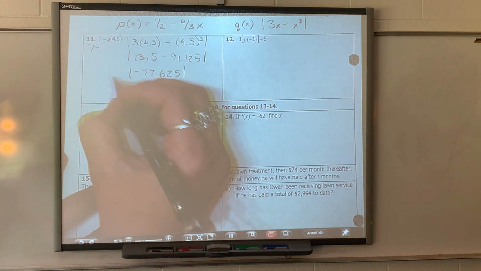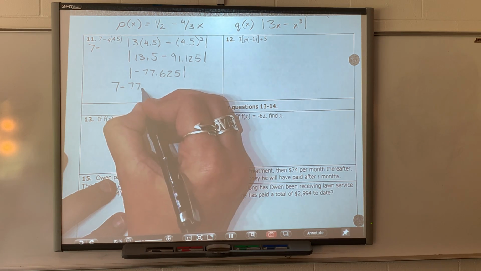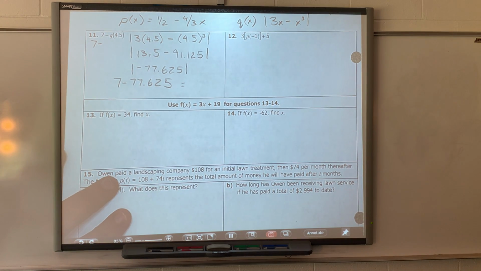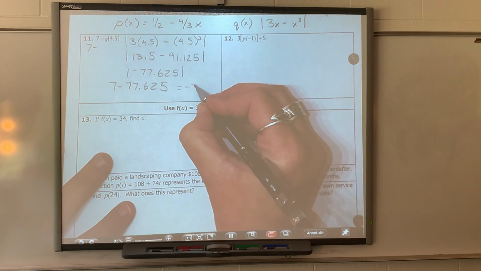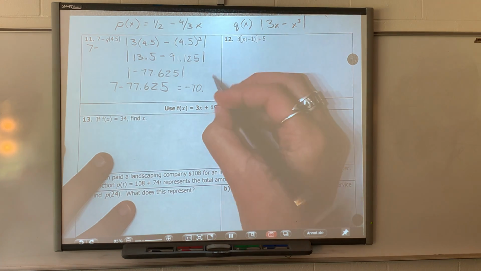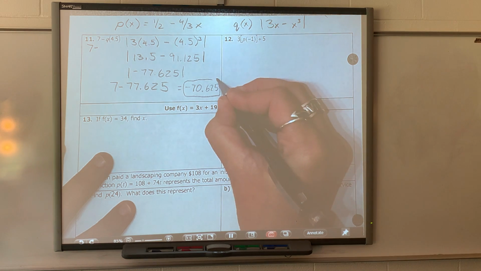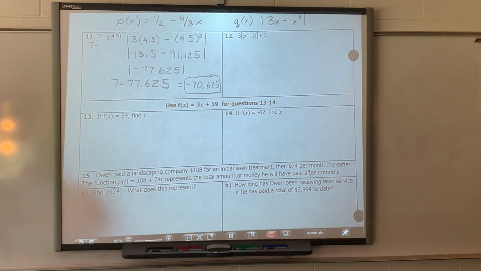So I actually have 7 minus this positive 77.625, which equals what? Negative 70.625. That's my final answer. So yeah, it became positive when I took it out of the absolute value, but because it said 7 minus that, it became negative again. Does that make sense? Everybody good there?